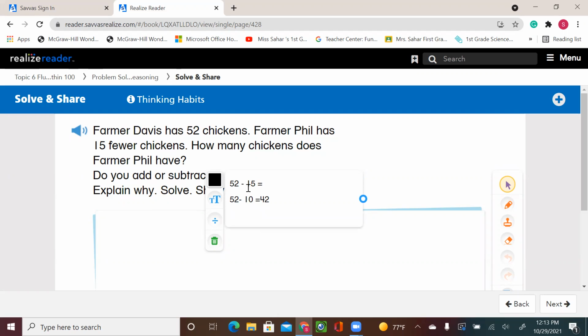Then I'm going to go down. I'm going to break my 5 into 2 and 3. Why? Because I have 2 in my ones here. So 42 minus 2 equals 40. And now I have 3 left, because I know that I broke 5 into 2 and 3.